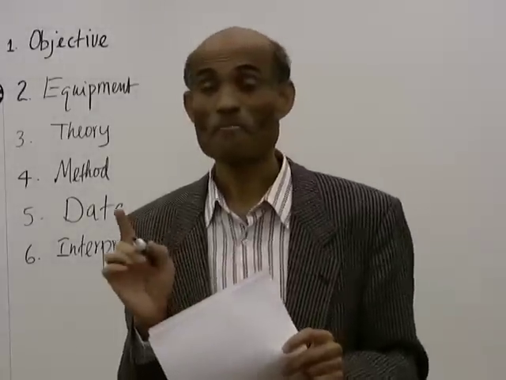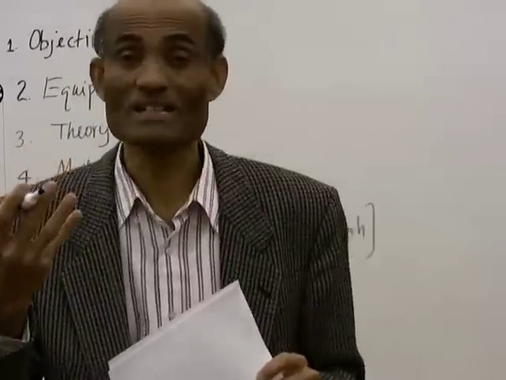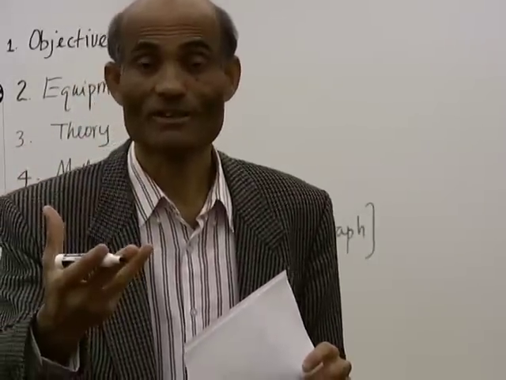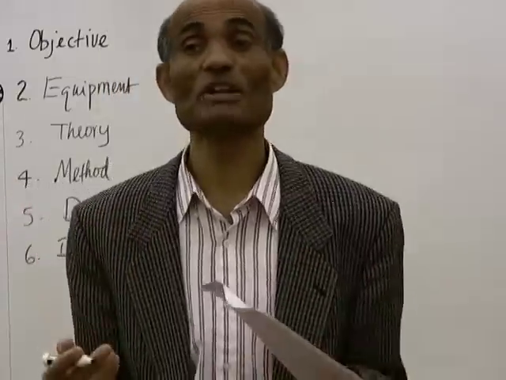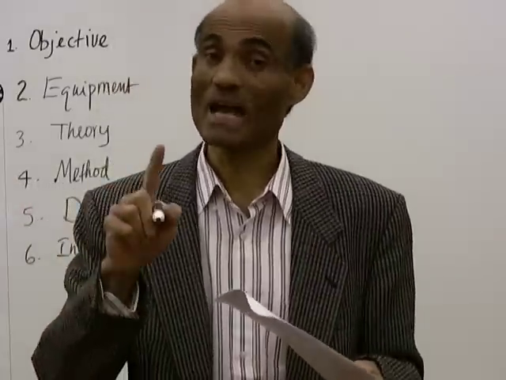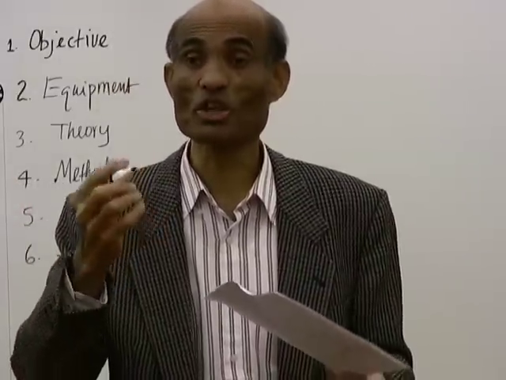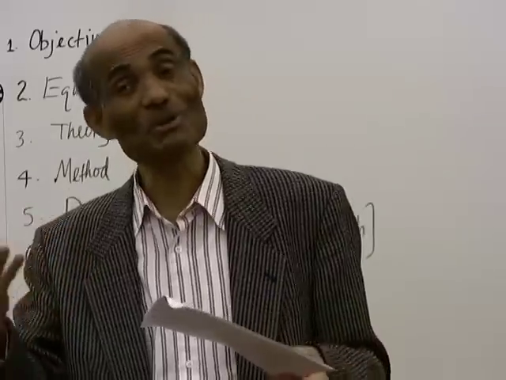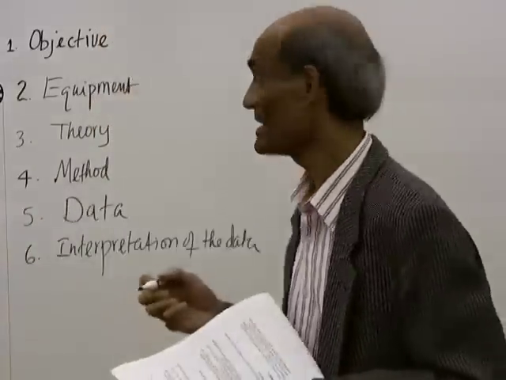Now, remember, I will ask you to write down an equation using the variables in your experiment, and I will ask you to write that equation in the form y equal to mx. Is that right?